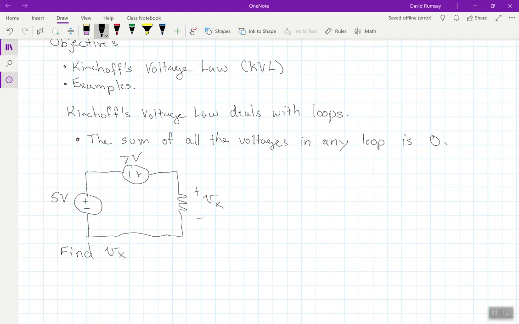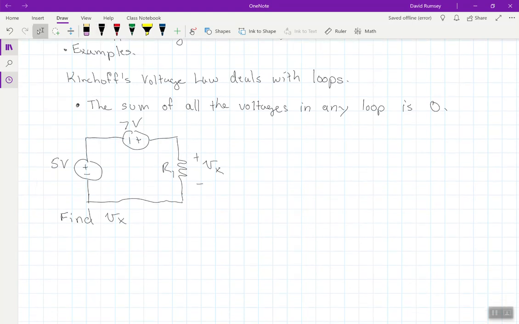This very basic circuit has just two voltage supplies and a resistor, I'll call it R1. It's got some voltage across that, and we're supposed to find what that voltage is.